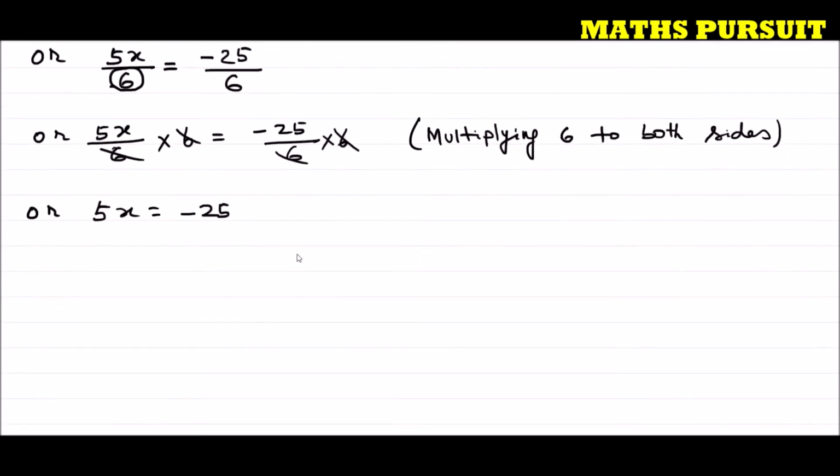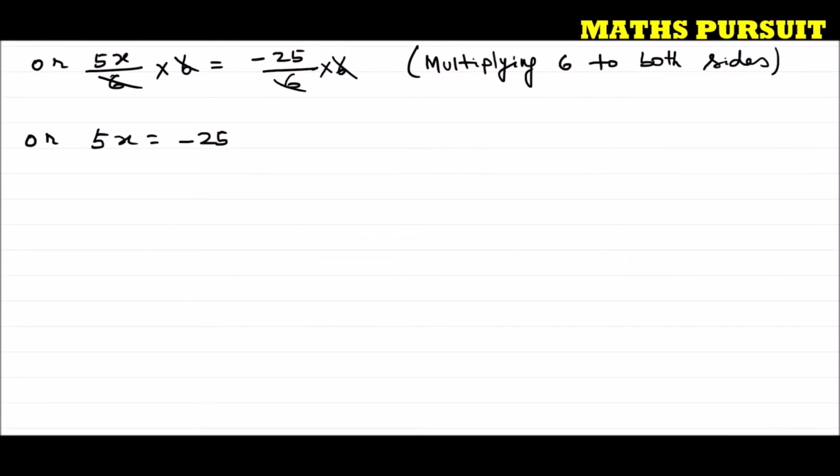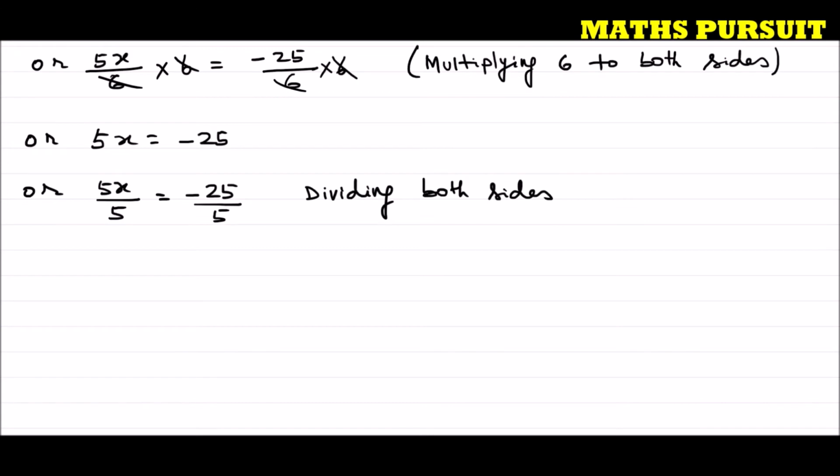Now what can I write? I can write 5x divided by 5 is equal to minus 25 divided by 5. What am I doing here? I am dividing both sides by 5. Why am I dividing both sides by 5?